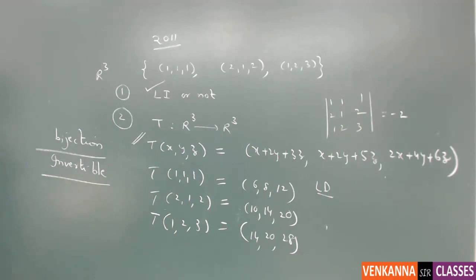If you want to say it is invertible, then the null space of T contains only the singleton 0. Then only does the transformation change one basis into another basis. Otherwise, even if you consider a linearly independent set, the set of images may not be independent.